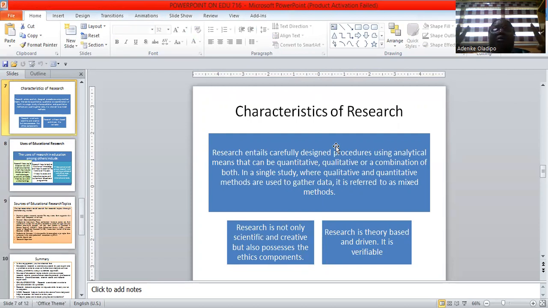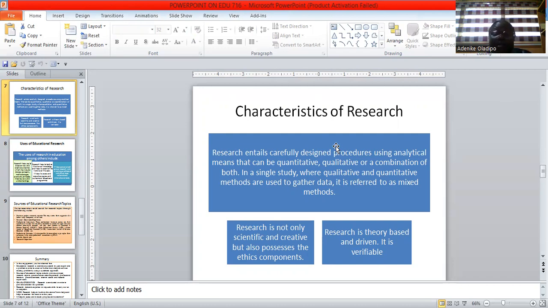When the combination of these, that is qualitative and quantitative, are being used in a single study, we refer to it as mixed method.